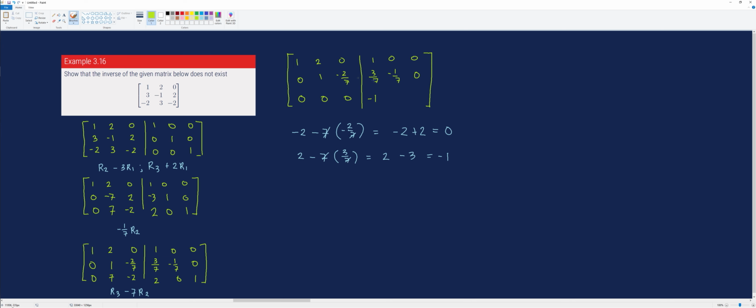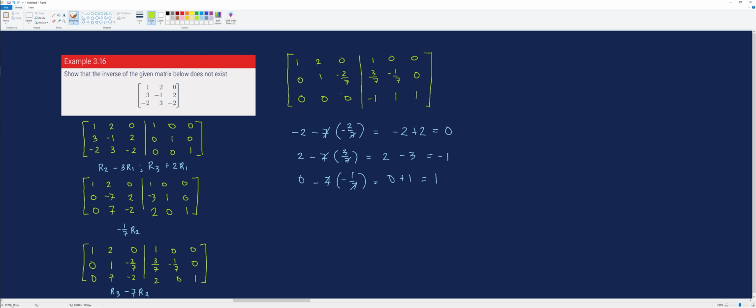So this will become positive 1. Just to illustrate, 0 minus 7 times negative 1 over 7, the 7s cancel out, so this is equal to 0 plus 1, so positive 1. And finally, this is 1 minus 7 times 0, equal to 1.